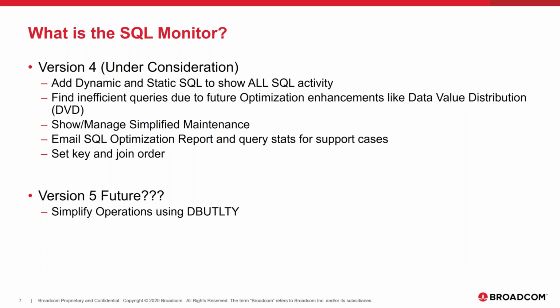Now, that's great for tuning, and this has been a great tool, but in the future, well, for many years, we've been working on increasing the functionality of SQL, adding nested query expressions and so forth. So now it's time to look more at the optimizer. And one of the things we want to look at is data value distribution, or DVD.